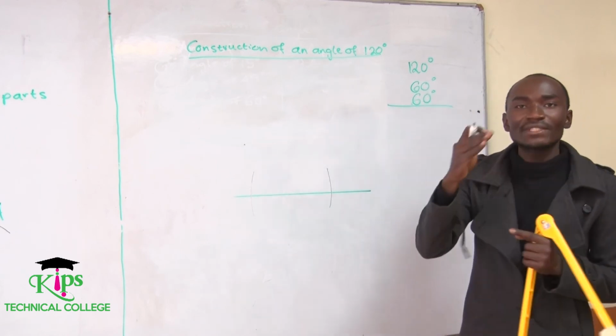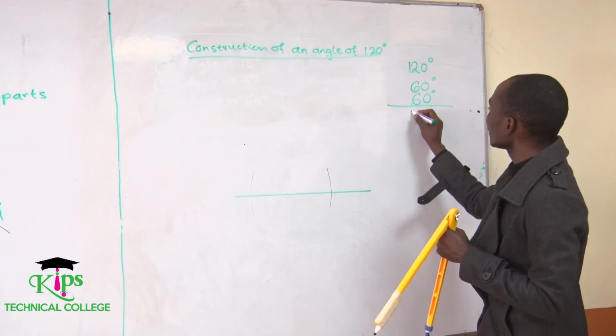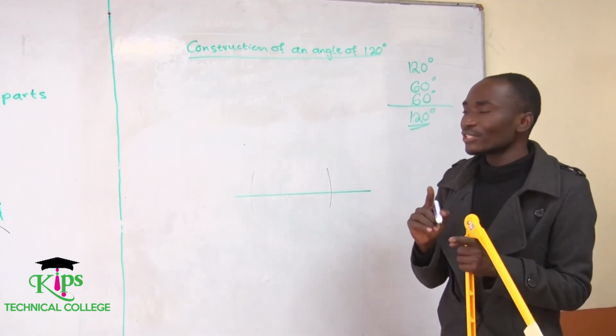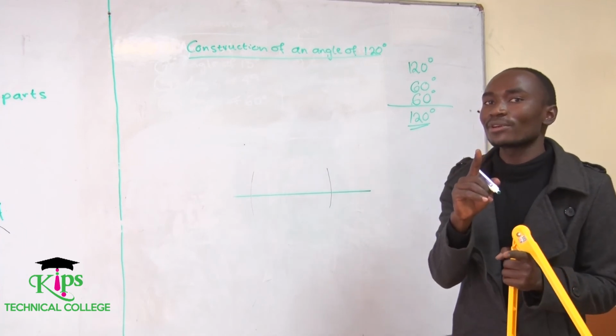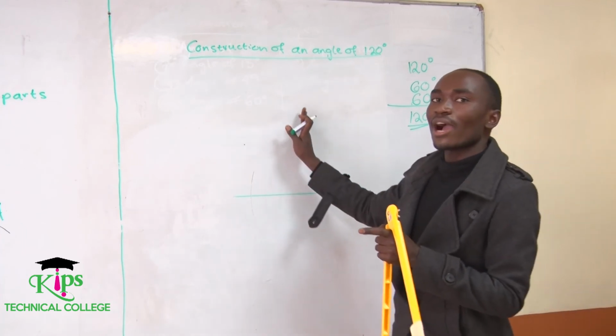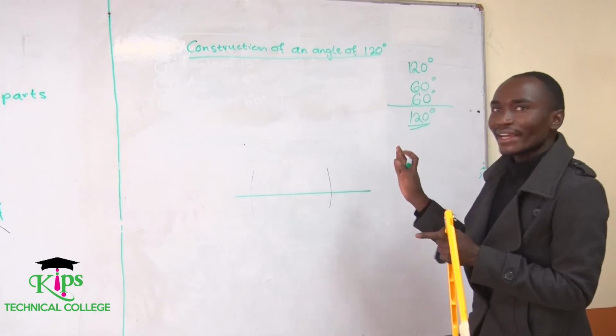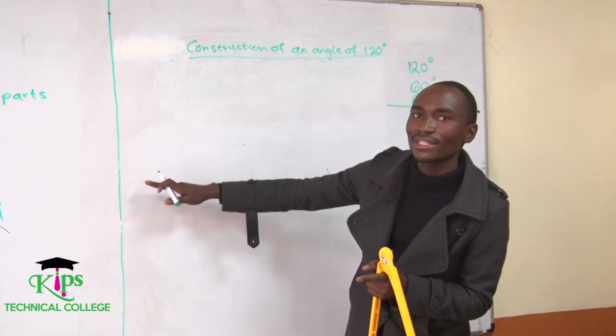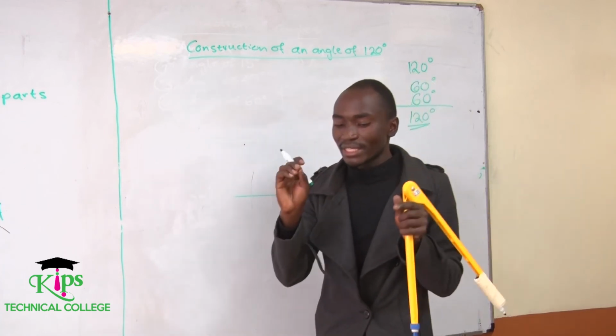So the combination of 60 and 60 will give me 120 degrees. So what we need to do, we will use the same procedure. We construct an angle of 60. Then again we add the other 60. So the summation of the 60 and this other 60 will give us the 120 degrees.